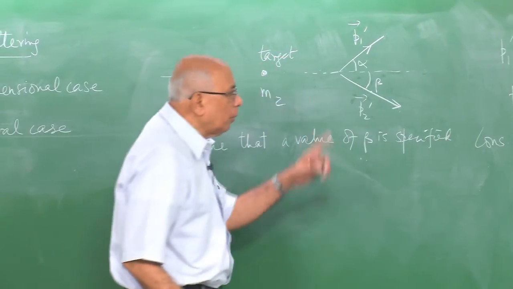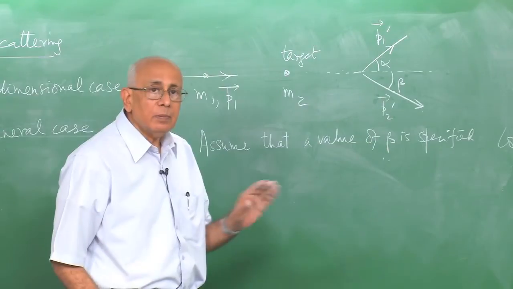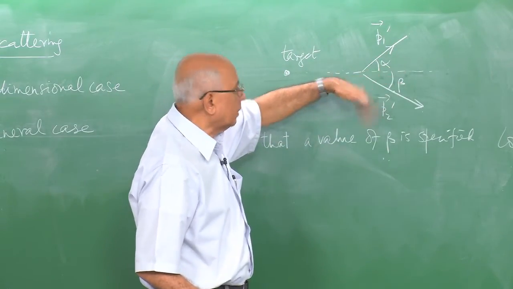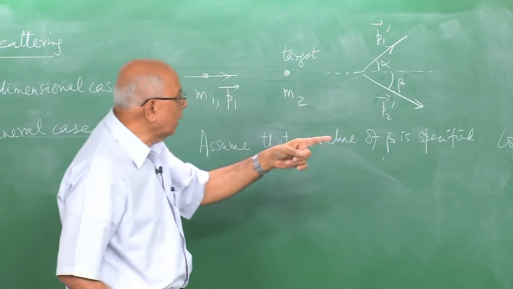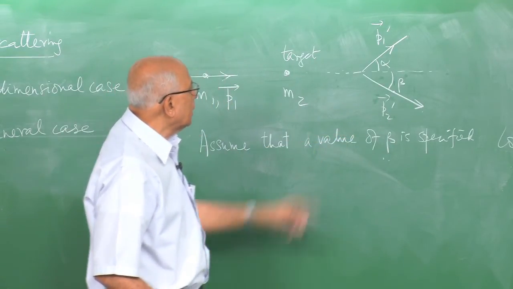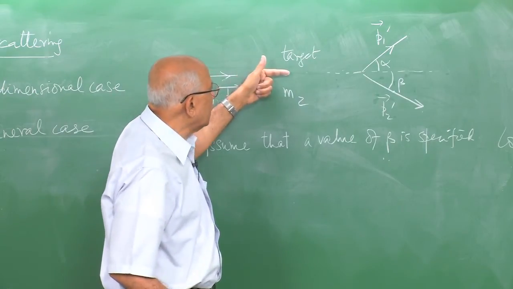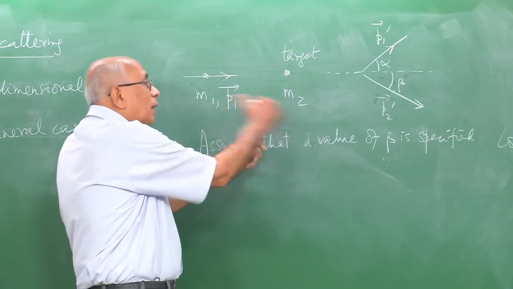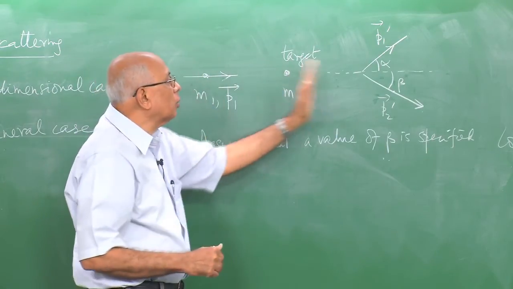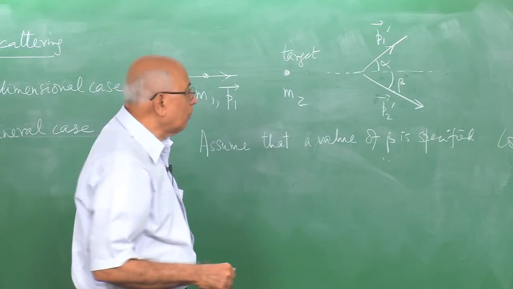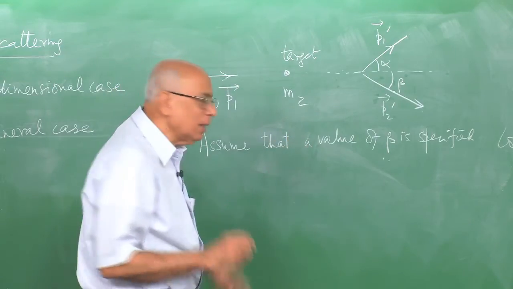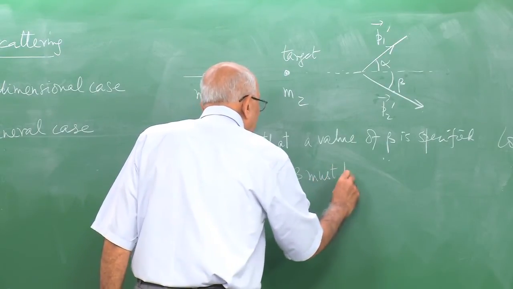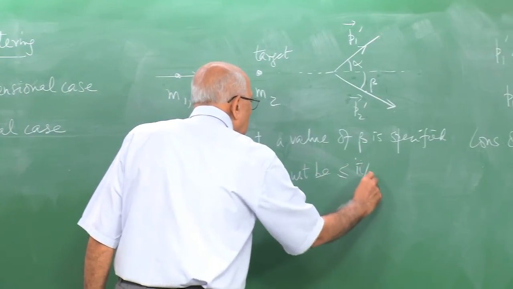So we will compute the other 3 quantities in terms of a given value of beta, which could run from 0 up to wherever. Now it should be obvious to you by looking at this diagram immediately that once you have a projectile coming in this direction, it is not possible for this mass m2 to go backwards in this direction. At best it should be in the forward half, and therefore it's clear from this already that beta must be less than or equal to pi over 2.